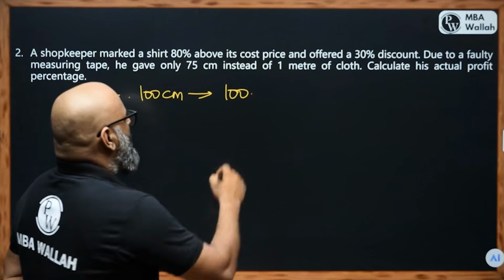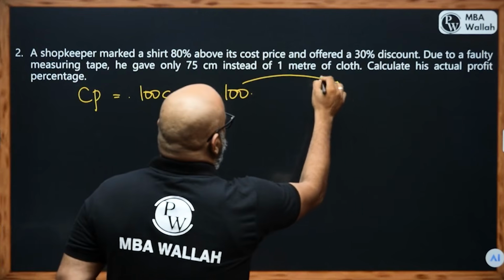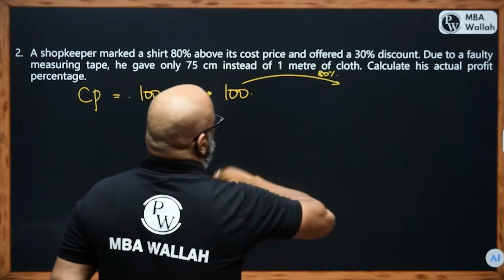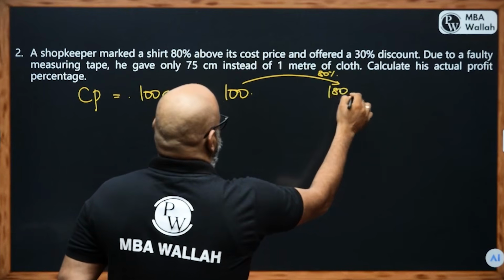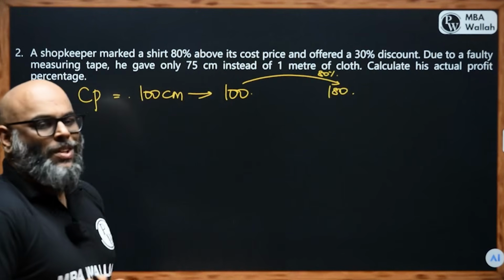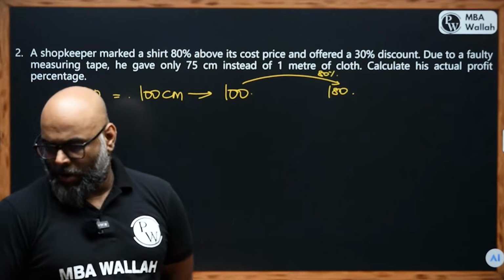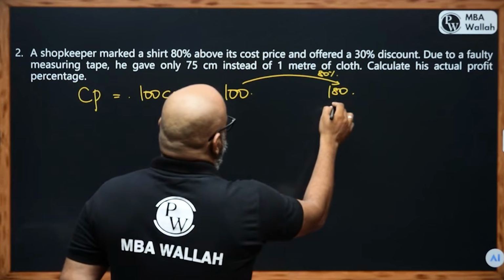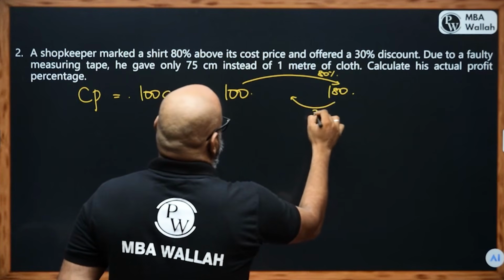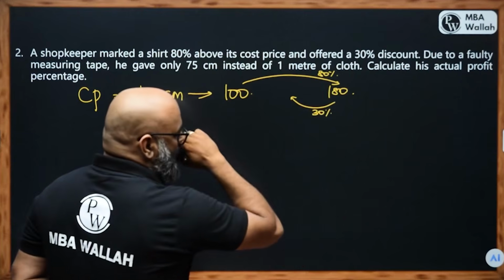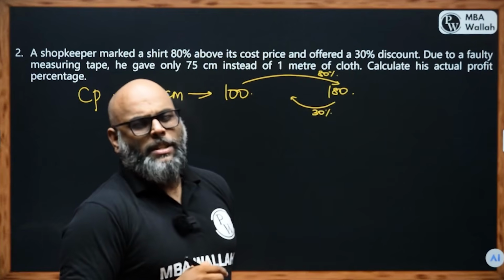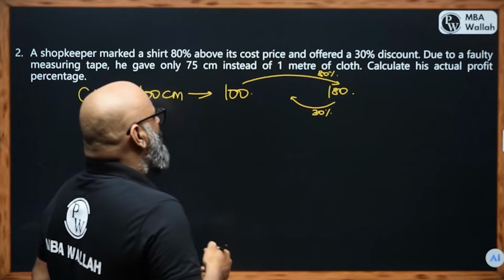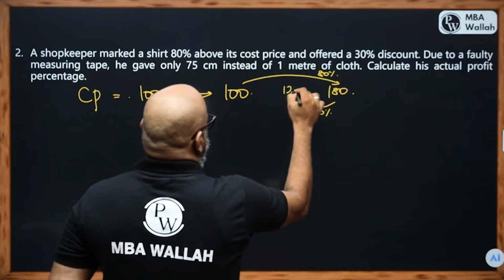Right. From here, he's marking it up by 80%, which is 180, and then he's offering a 30% discount on it. So 30%, 10% is 18, 30% is 3 times 18 is 54, 180 minus 54 is 126.